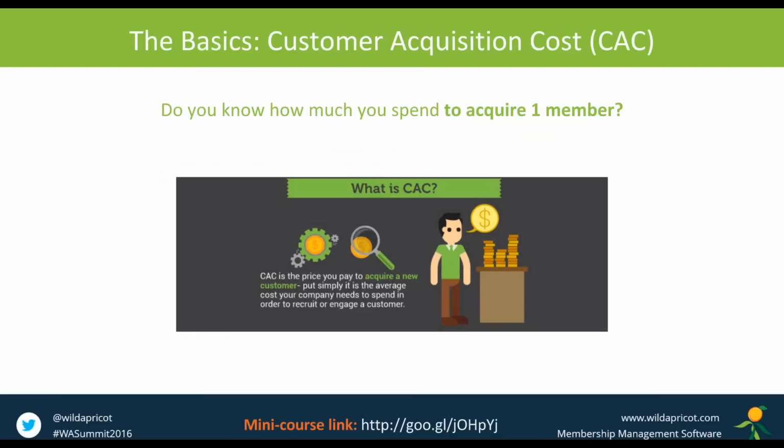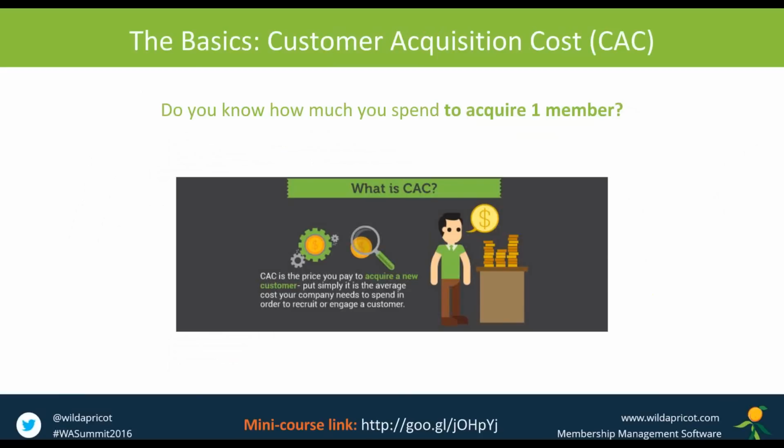So the basics. Before you even consider launching any type of ad campaign, there are a few metrics that you really need to get a handle on. The first one is what we call the customer acquisition cost. And it's a question for all of you: do you know the number, how much you are spending to acquire one member to join your organization?